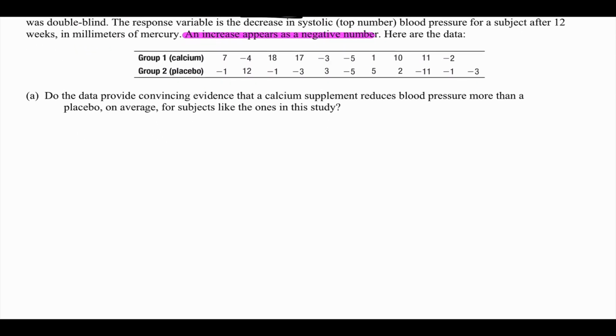So what we have to do is show evidence, or provide convincing evidence, test, that the calcium supplement reduces blood pressure more than a placebo on average for subjects like this one, right? The experiment's already been done. We have to do the analysis of it, okay? If you're in college, depending on what avenue you go into, and you do something STEM related, you're more than likely going to have to read some sort of journal.